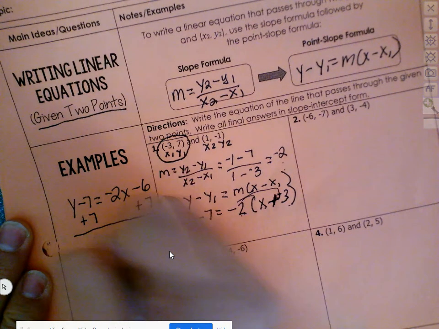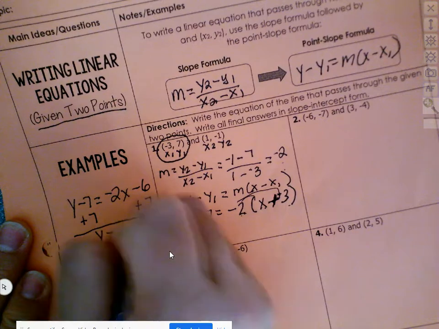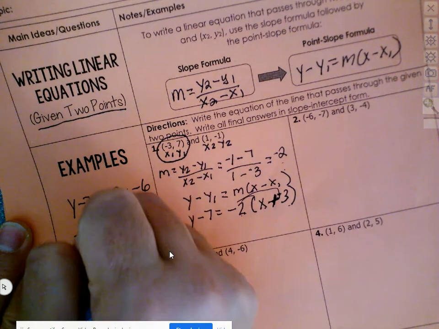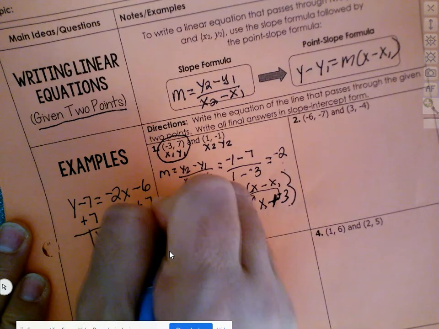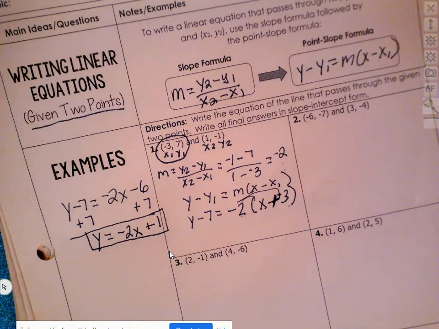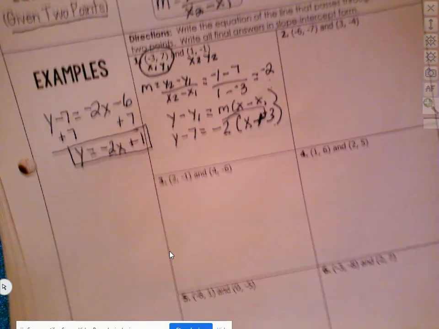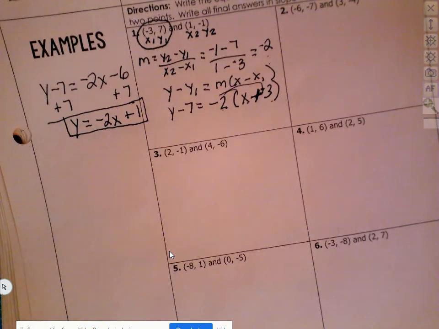And when I do that, I get y equals negative 2x plus 1 for my answer. Okay, so that's the process we use. Let's go on to number 3.